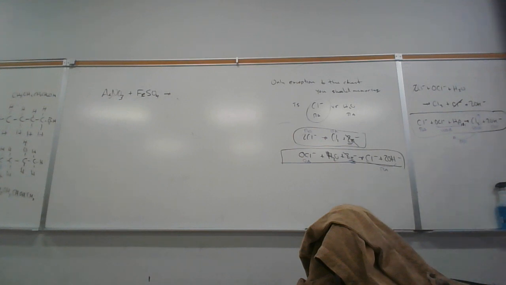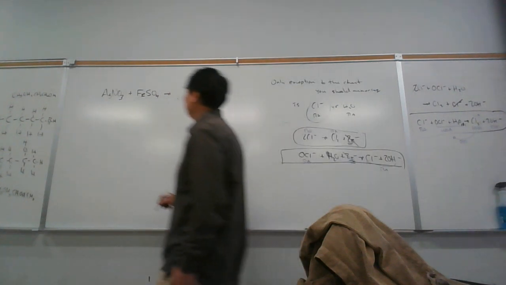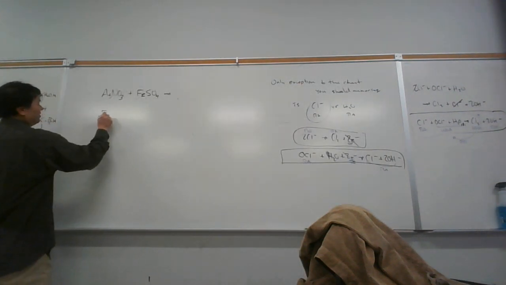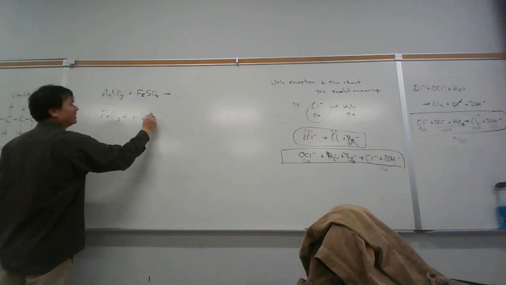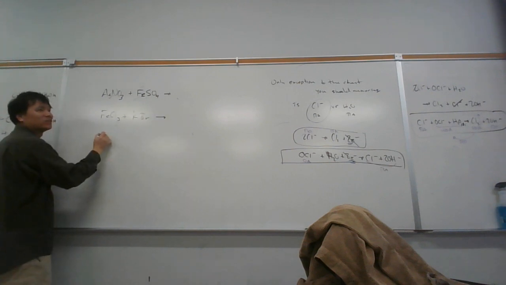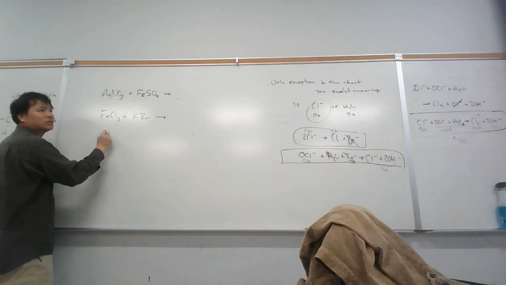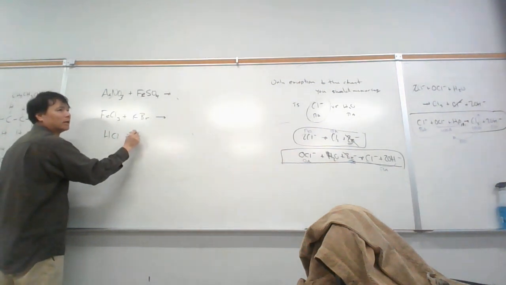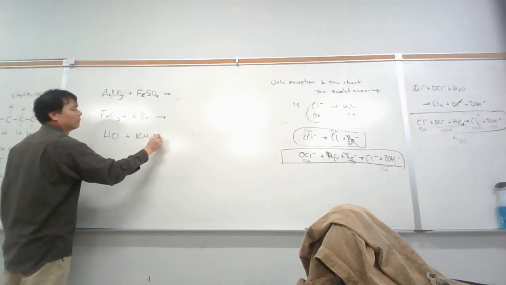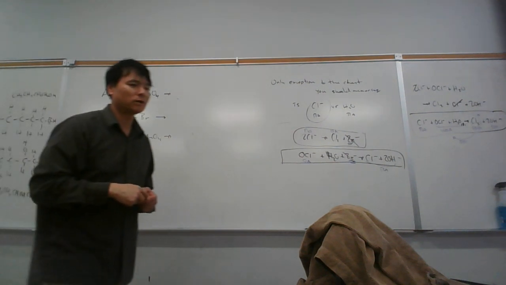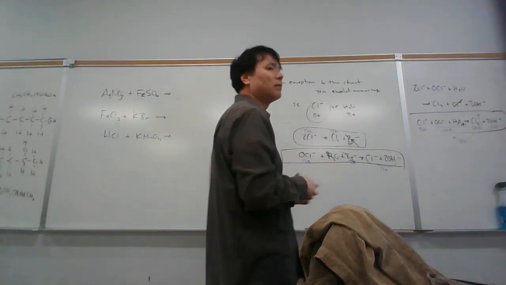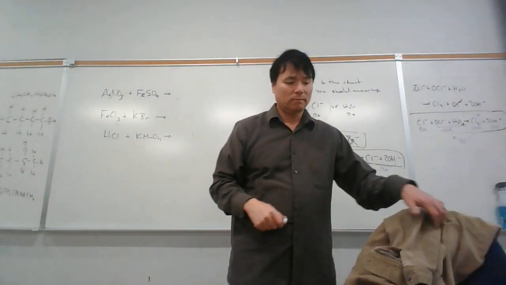We're going to do FeCl3 plus KBr. And we're going to do this one, HCl plus KMnO4. Okay, so why don't you try those redox reactions there? They all look like double replacement. But are they?